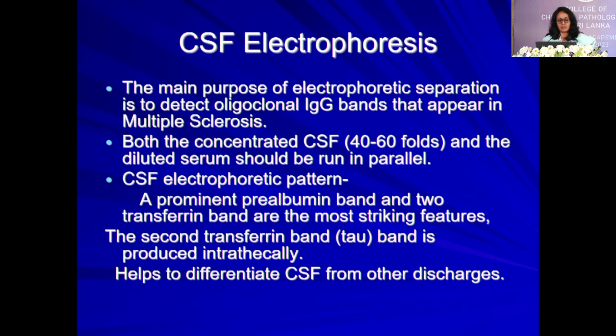If you get rhinorrhea, that means if there is brain skull base damage, you may get watery discharge from your nose. If you are not sure whether it is CSF or another fluid, you can do electrophoresis, and if you get a second transferrin band, the tau band, you can confirm that it is CSF, not another fluid.